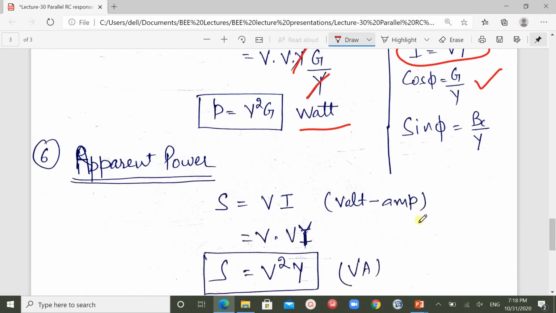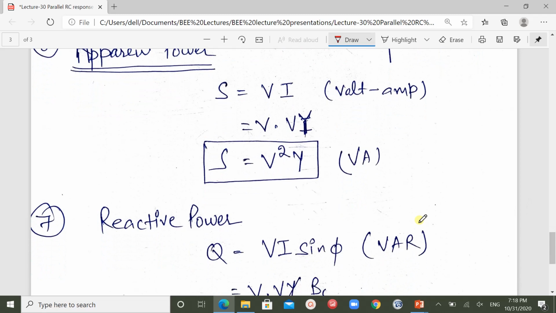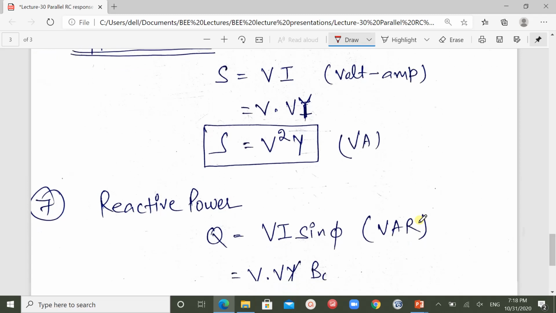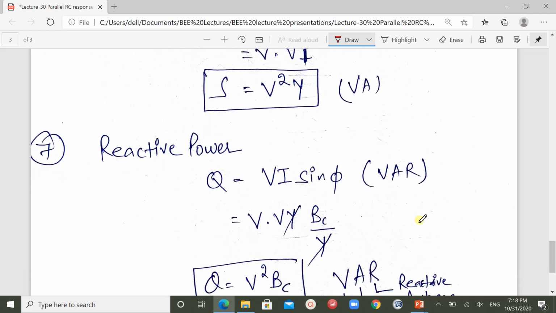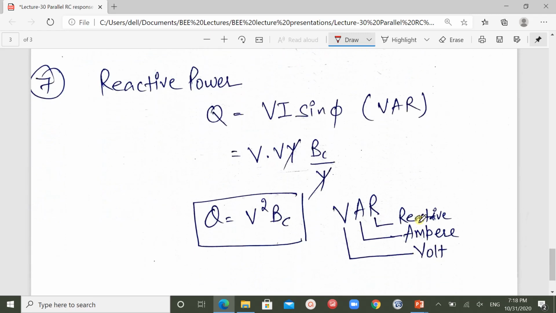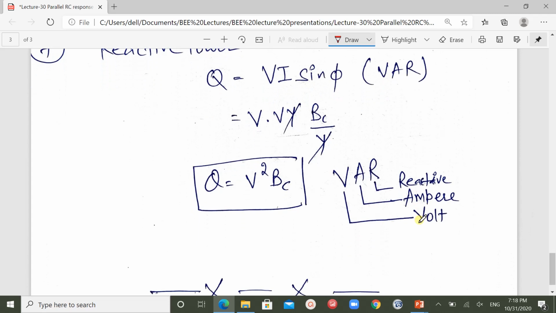Then the next term is apparent power, S is equal to VI, and we put the value of I, it is VY, and so it becomes V square Y, and units are volt amperes. Then reactive power is Q is equal to VI sin phi. We put the value of I and sin phi, and we get Q is equal to V square BC.